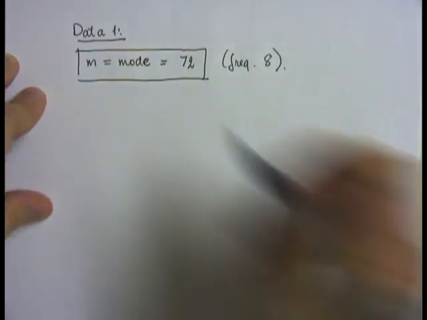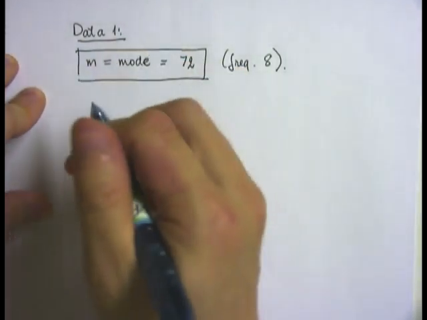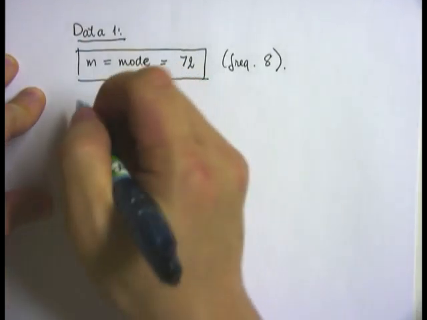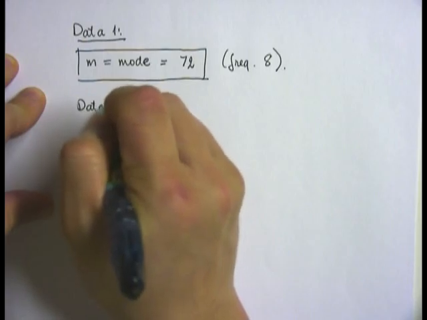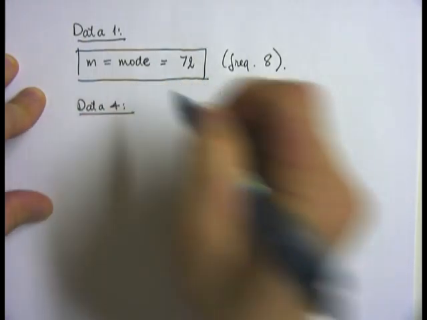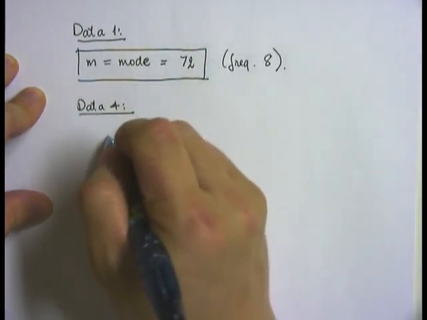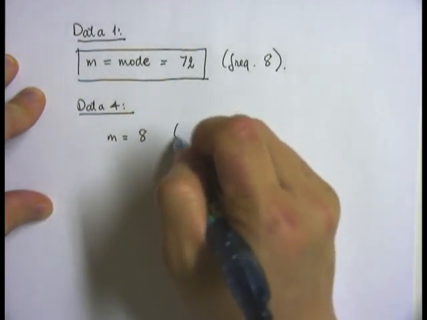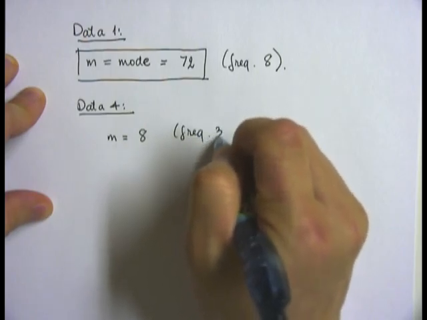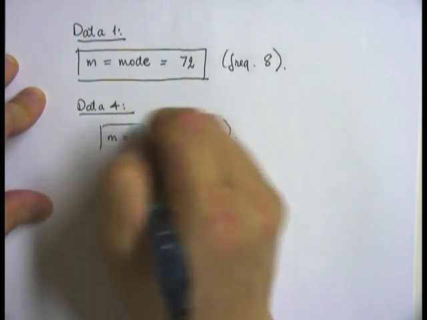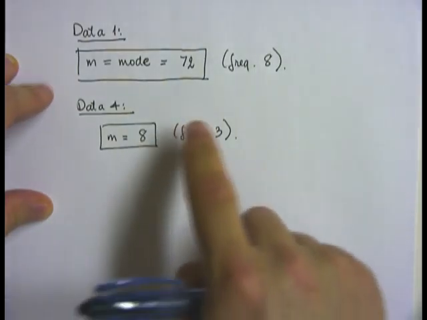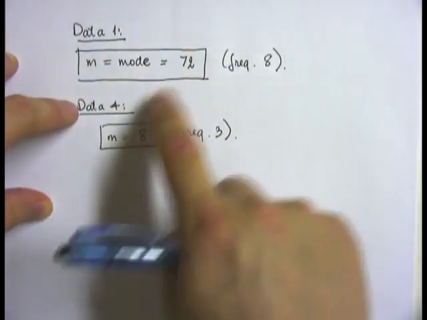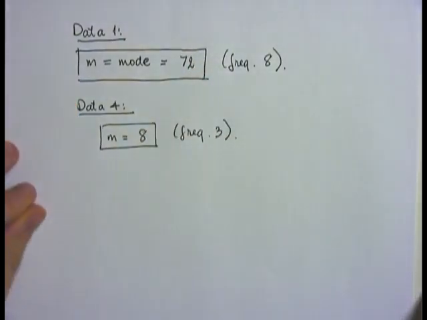If you're looking at data set 4, the mode, or lowercase m, would simply be 8, because it has frequency 3. So in the two data sets we are looking at here, we have one mode for each data set.